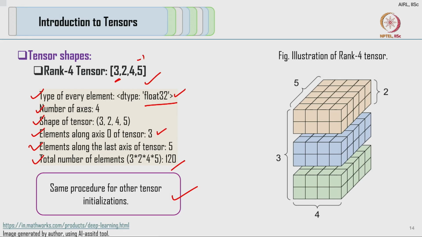Now we can follow the same procedure and do the same things for a different rank. So say rank 1, rank 2, rank 3 and so on. Essentially the procedure and the names, which is essentially the number of axes, the elements across axis 0 or the last axis, these nomenclatures remain the same, only the rank keeps changing.